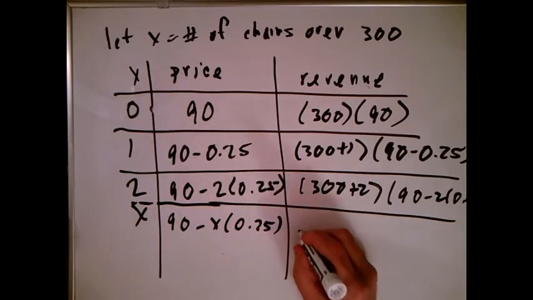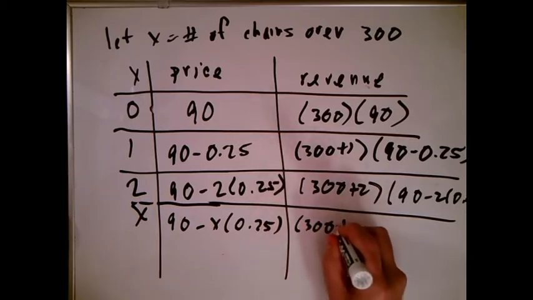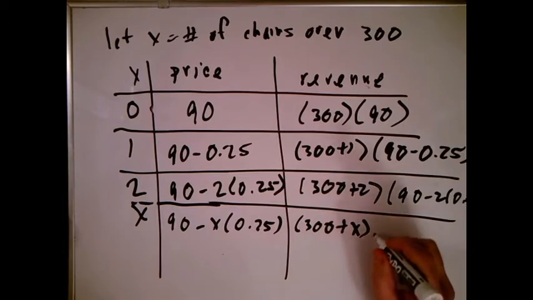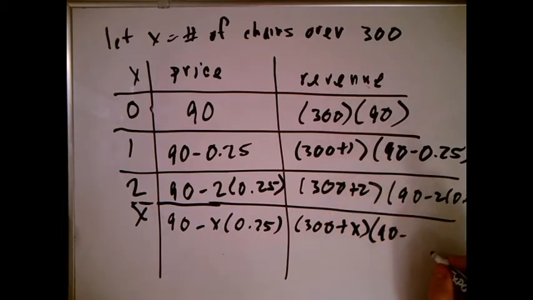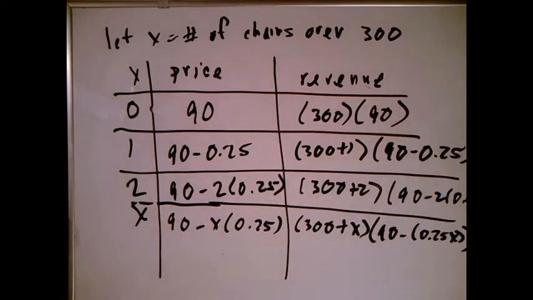It's going to be the number of chairs, remember, that's 300 plus X, times the price per chair, which is going to be 90 minus, what do I get here? I have X times 0.25, so let's write that as 0.25X. How's that? Just like that.